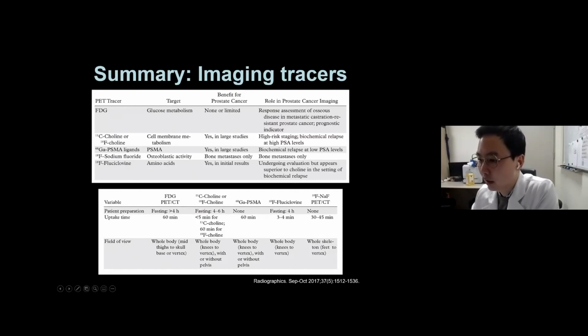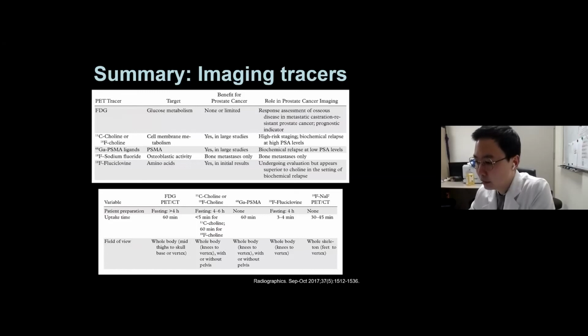And these can now be used clinically in the USA because of recent FDA approval, but it may differ from country to country in their availability.